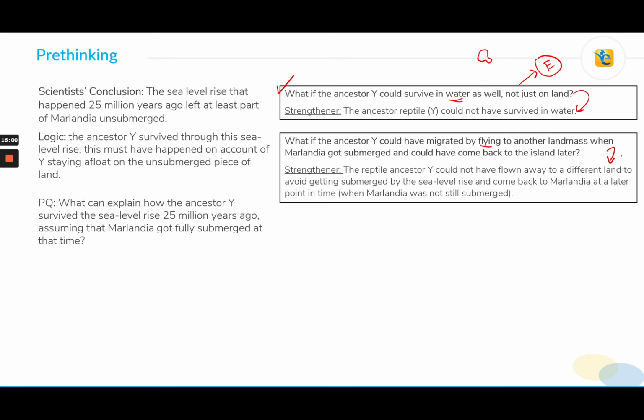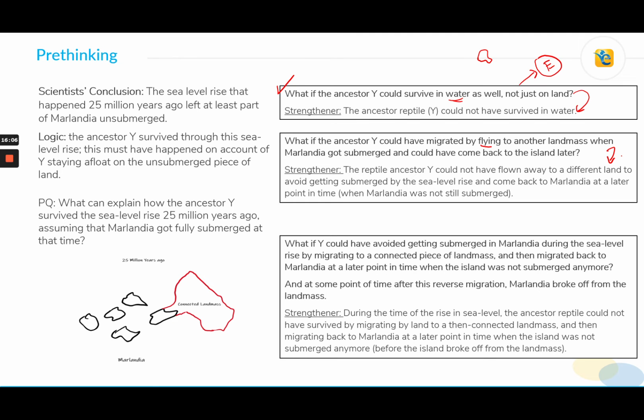The third strengthener that I could think about is also related to migration, but this is about migration by land. Look at this picture that I have for you. What if 25 million years ago, Marlandia was actually connected to another landmass like this?